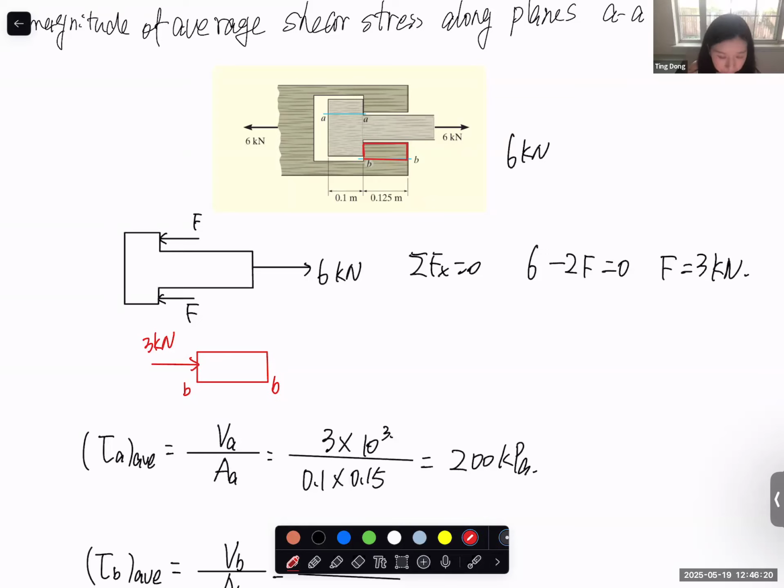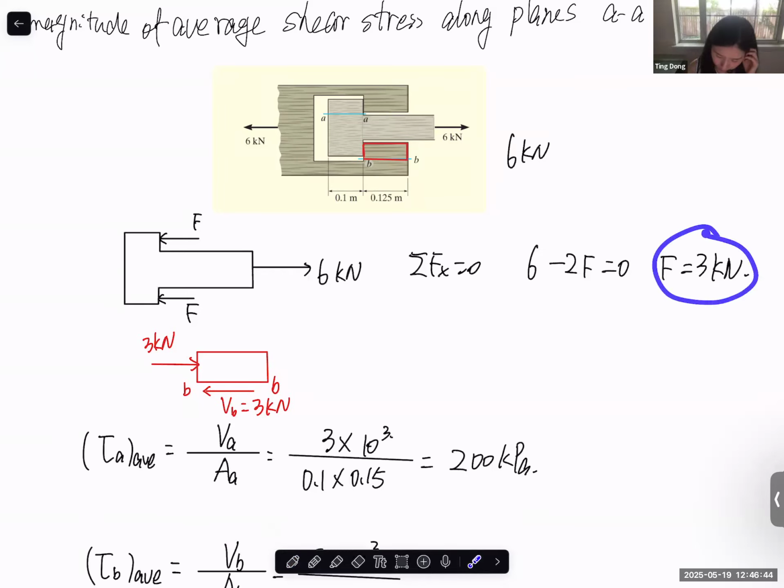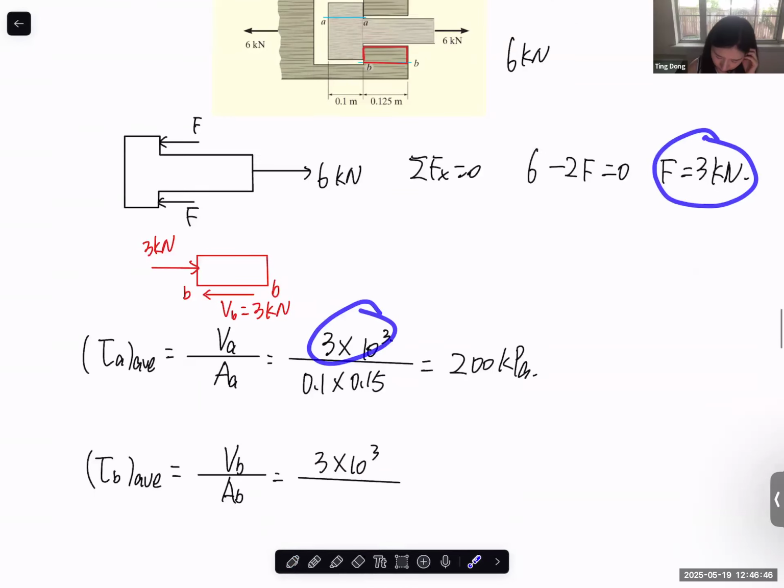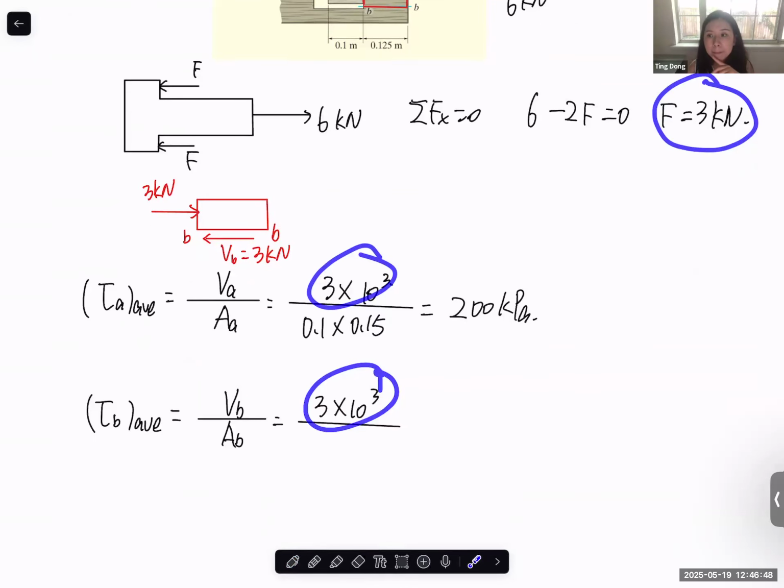It's force and reaction force, so there should be the same magnitude and opposite direction. So to make sure that it's in equilibrium, this small cut section, the V, the shear force on the BB section, should also equal 3 kilonewton in the opposite direction. That's how we figure out this one and this one. Is this clear or not? Or any question?